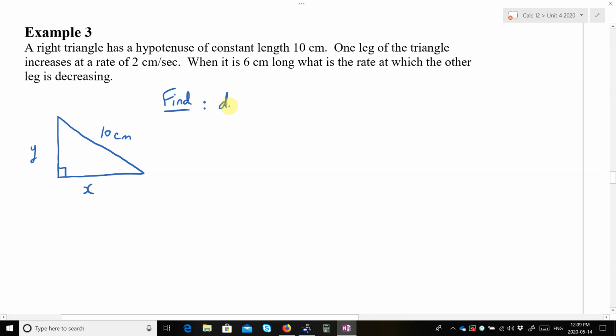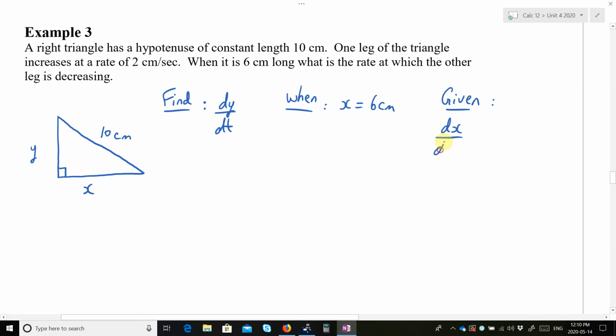let's find how y is changing with respect to time when x is equal to 6 centimeters, given one leg of the triangle increases at a rate of 2 centimeters per second.